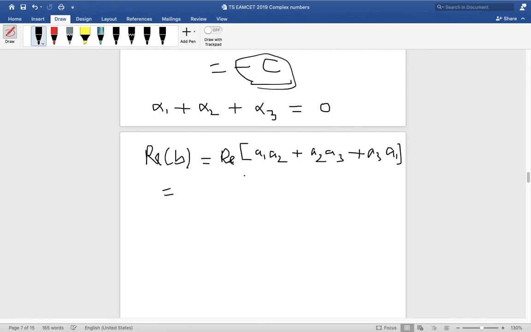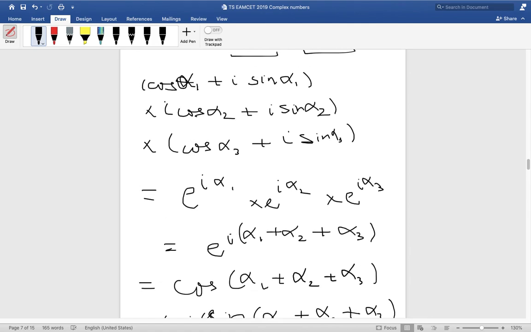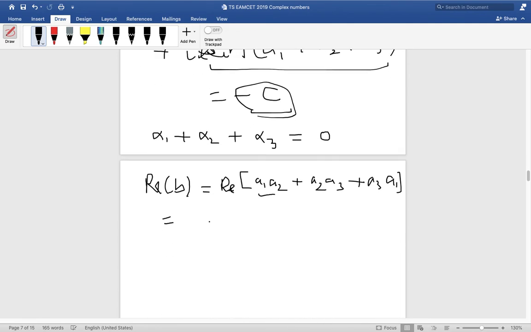Okay, so we will have to solve this just like what we did over here. Change this to e to the power iota alpha 1, then multiply. So you will get real part will be cos of alpha 1 plus alpha 2.